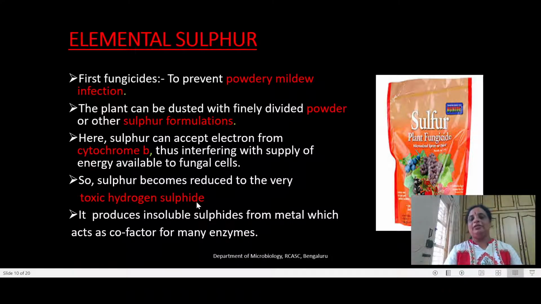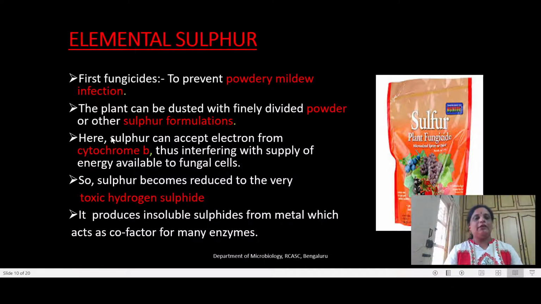Hydrogen sulfide is toxic to the fungal cell. Apart from that, sulfur produces insoluble sulfides by combining with the metals, the cofactors of the enzymes. They form insoluble sulfides, and hence affect the physiology of the fungal cell, which leads to the death of the fungus.